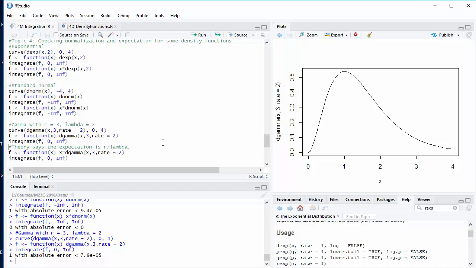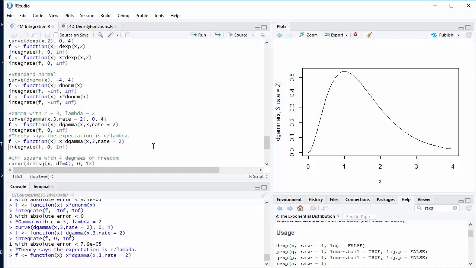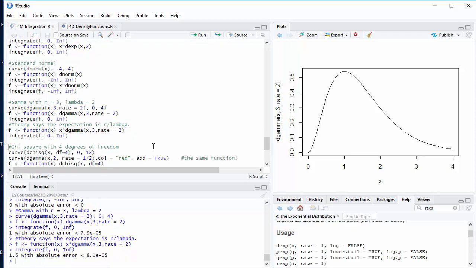It's not hard to do the integral yourself and discover that the expected value should be r over lambda. Alternatively, I can ask R to do this calculation for me. I multiply the density function by x to get my f this time. I integrate, and I get, what do you know, 1.5. That's 3 over 2.